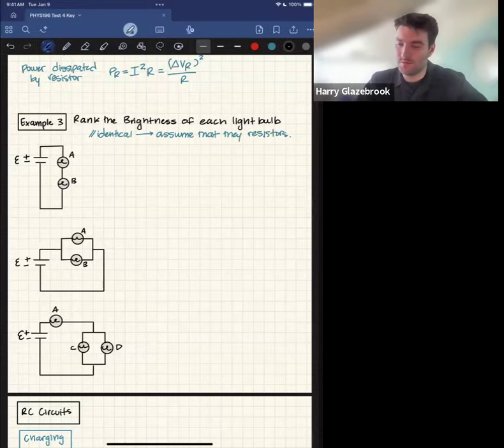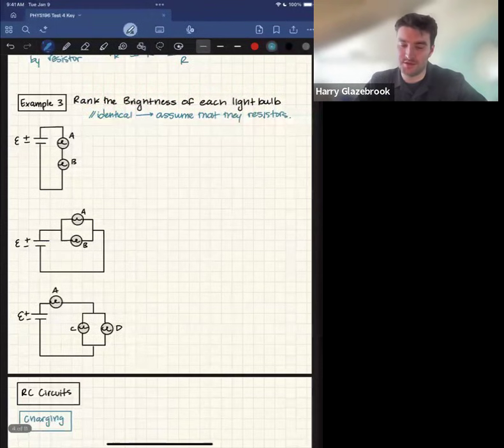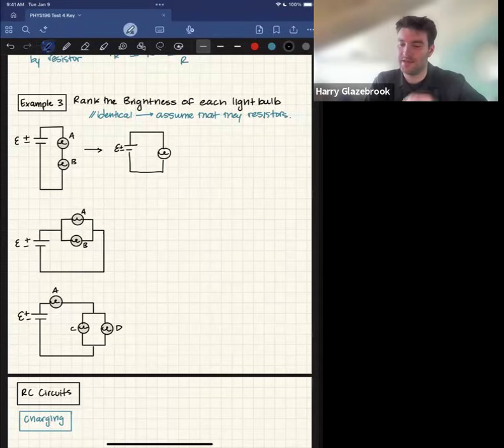Okay. So let's say we want to rank the brightness of these two bulbs here. We have a bulb A and bulb B, they're in series. I'm just going to pretend these are resistors. Let's say we want to make an equivalent bulb or equivalent resistor here. If I have two resistors that are in series, I'm just going to add the resistors together.